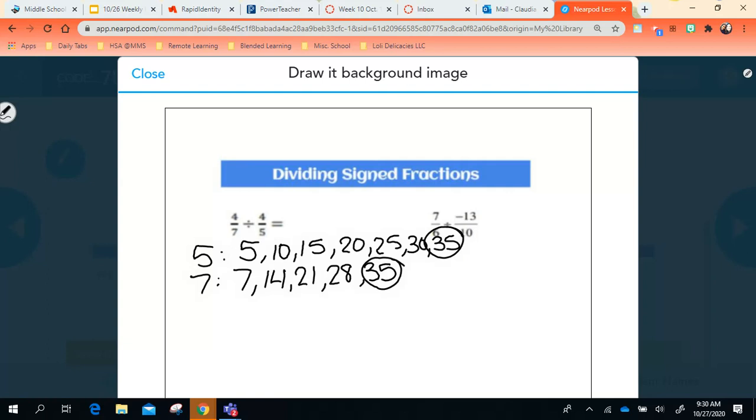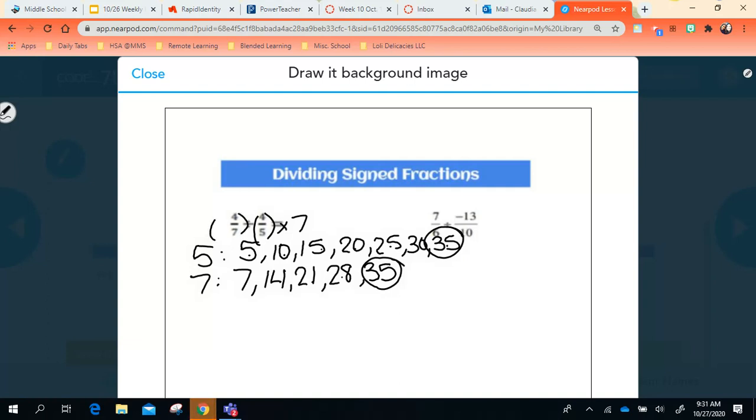Now I'm going to use my common denominator. So for 5, I'm going to multiply by 1, 2, 3, 4, 5, 6, 7. So voy a multiplicar 4 por 5. I just lost my number. By 7. Y entonces el otro, 1, 2, 3, 4, 5.